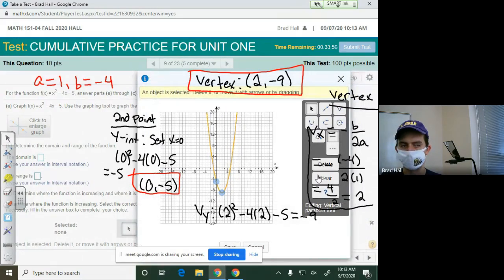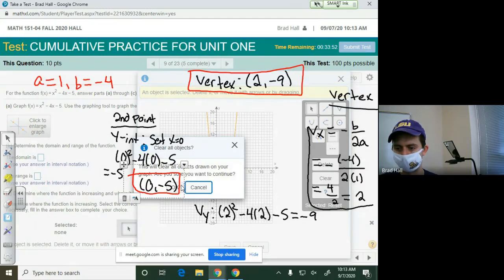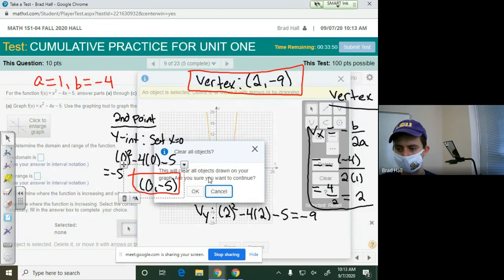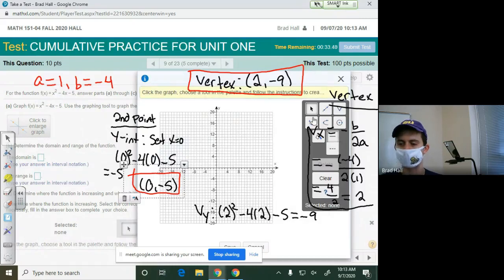I want to be clear about something. Let me clear that and then input that again, because these grid lines are really close to each other. They're very closely stacked. So I've seen it happen a lot of times. You go to click a point and your mouse might move over one space and then it ruins the whole problem. Make sure you put your graph in the right spot.